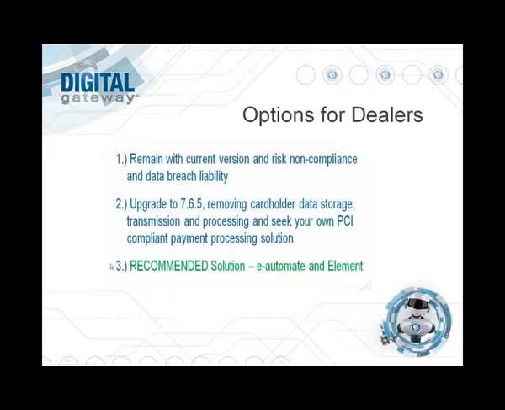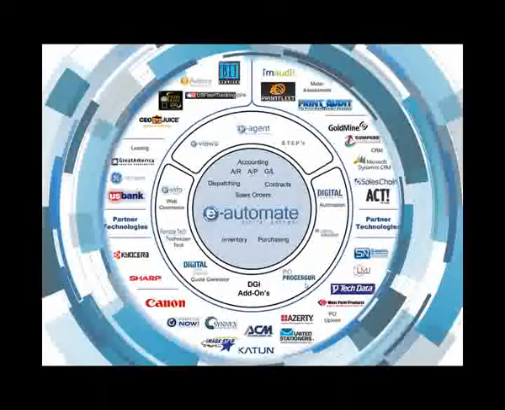Our recommendation is to integrate with Element, because Element has integrated into eAutomate, and we're partners now. It's a PCI compliant credit card company, and they'll be able to store your credit card information and make sure that you are PCI compliant. Again, there's a lot more information about this on Digital Gateway's website.